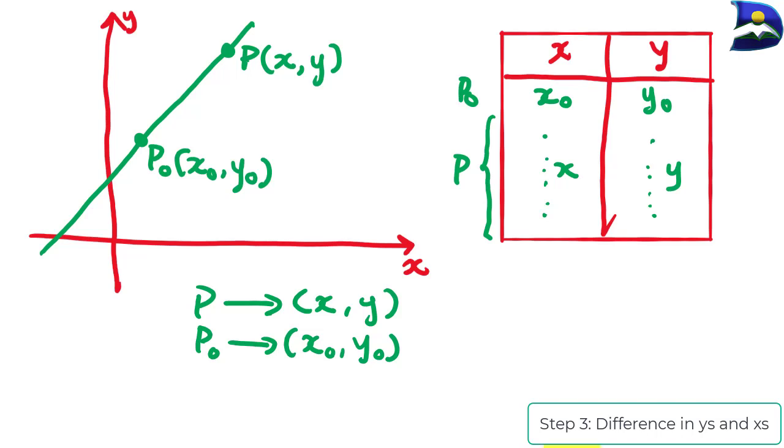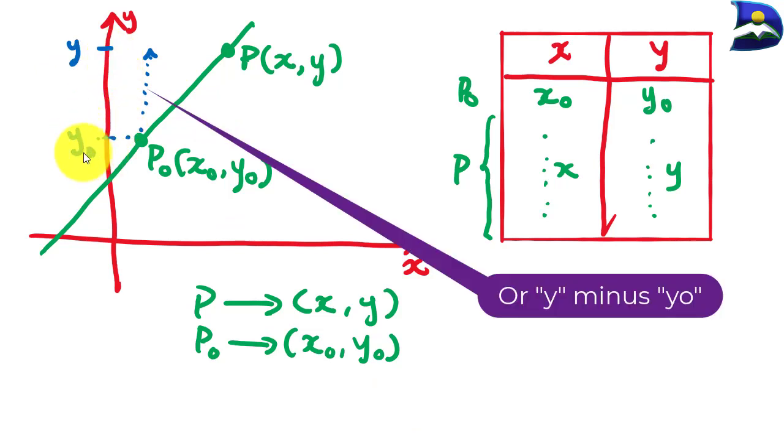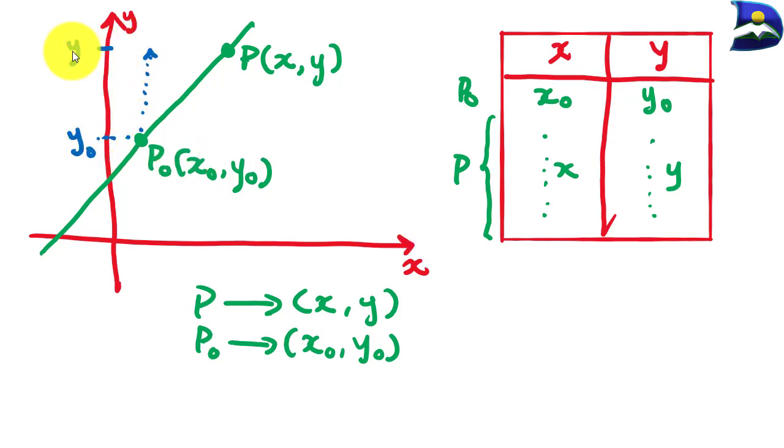We need to determine the change in our y-axis relative to the line, and we have to do that for our x as well. On the graph, we can see that our change in y is our final y minus our initial y, so we have y minus y naught, and this is reflected not only on the graph but also on the table of values.